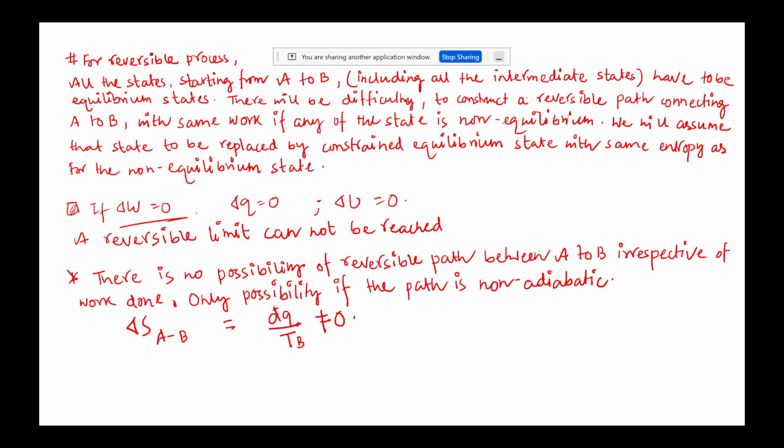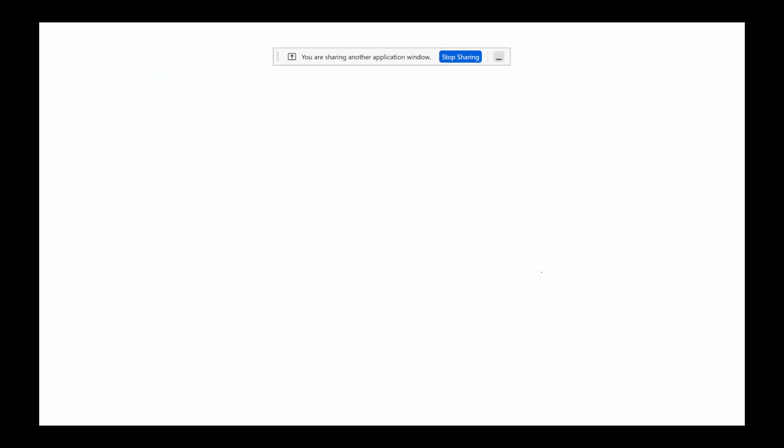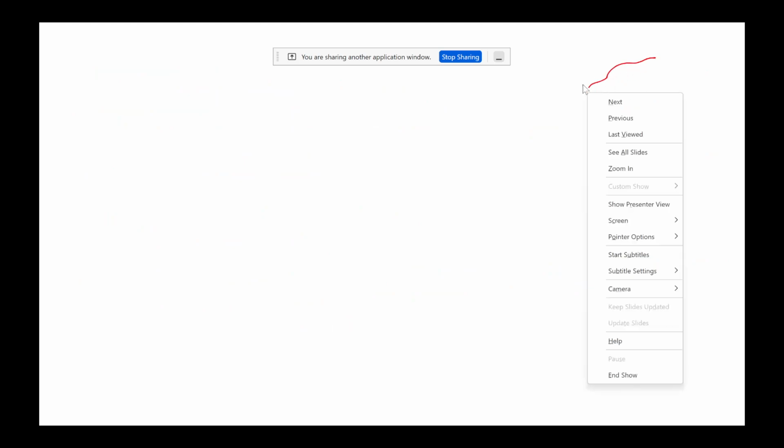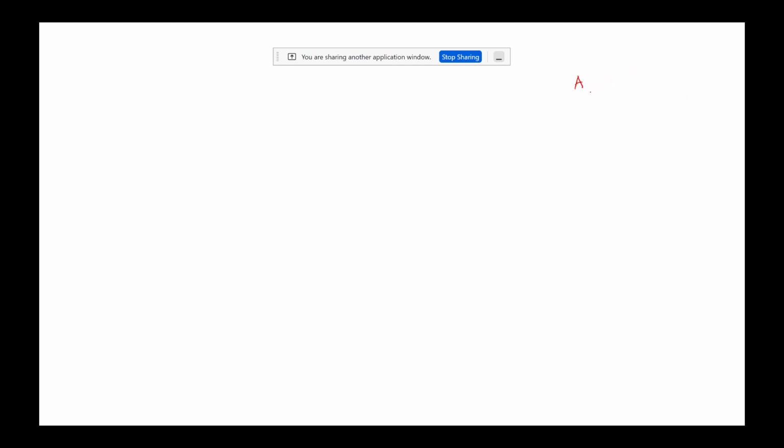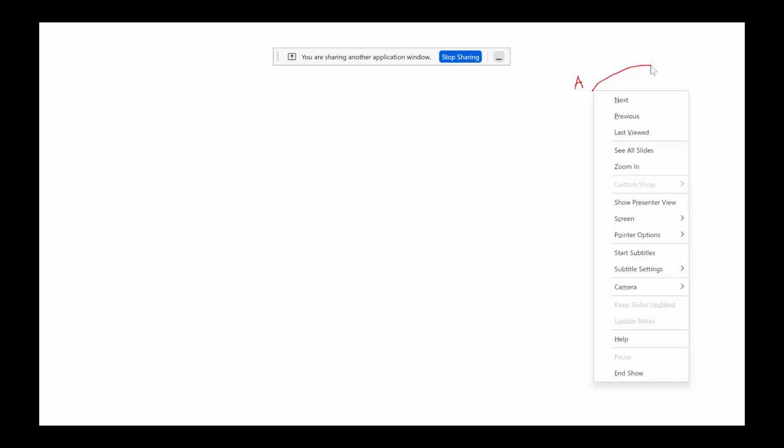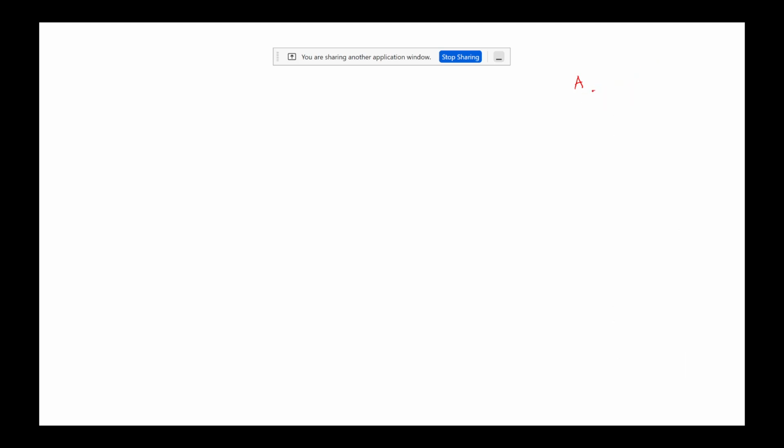Let's say there is one path from A to B which is irreversible, and now we are constructing a reversible path.